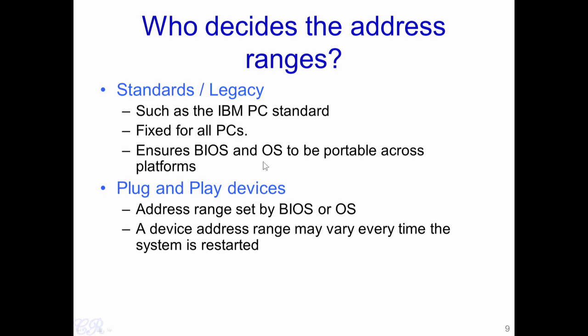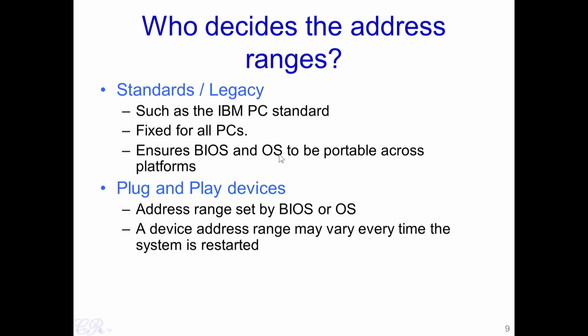So, for instance, if I would write an operating system today, my operating system would know exactly where the keyboard should be present, irrespective of what IBM PC compatible system it is going to be loaded on.